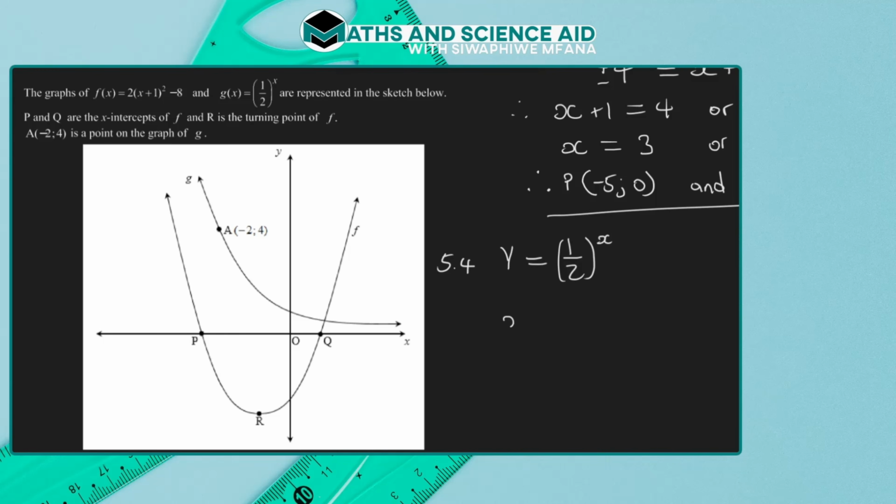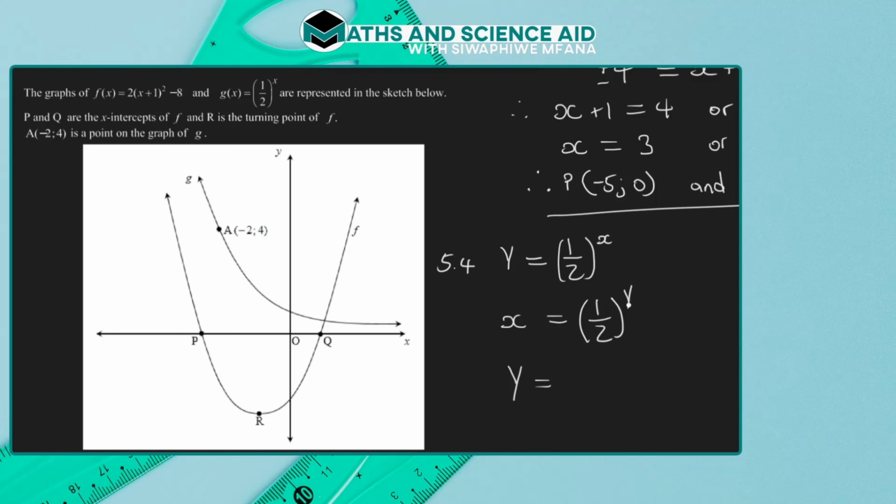Now, as I was saying, we need to interchange x and y. So if we do that, we are going to get x is equal to (1 over 2) to the power of y. And thereafter, we need to make y the subject of the formula. The only way we can do that for an exponential function is by using logarithms. So 1 over 2 is the base here, and y is the exponent.